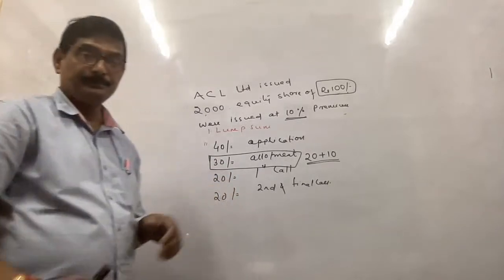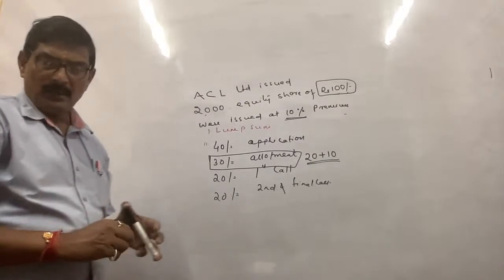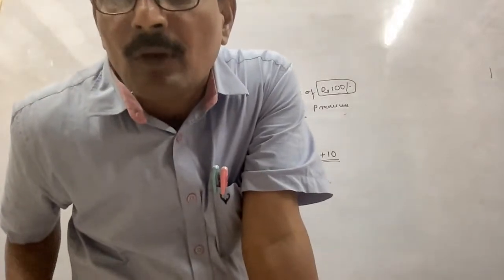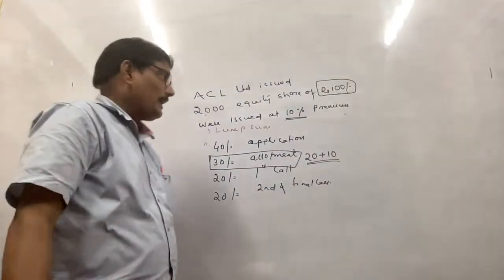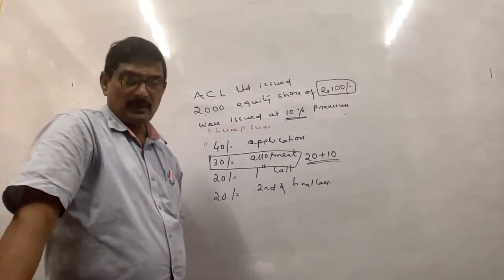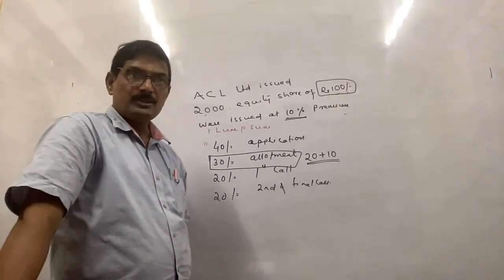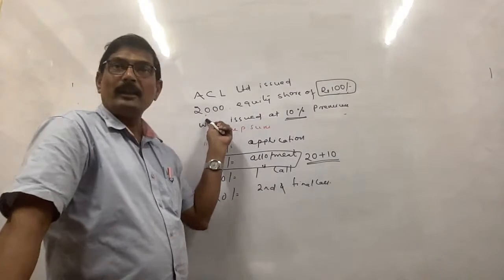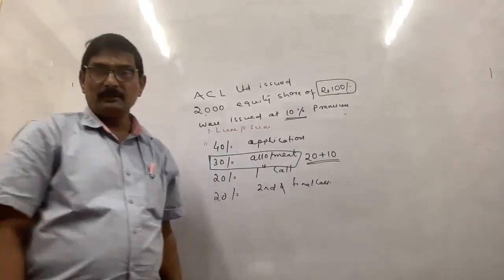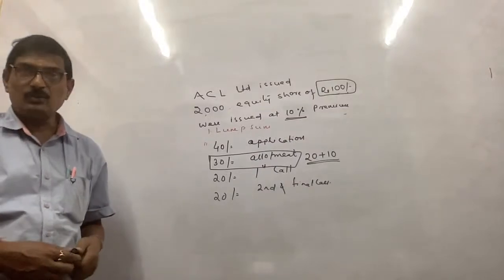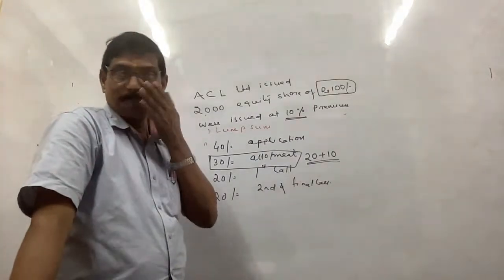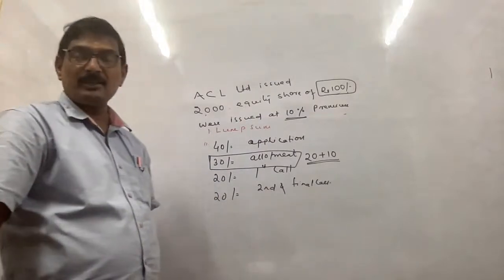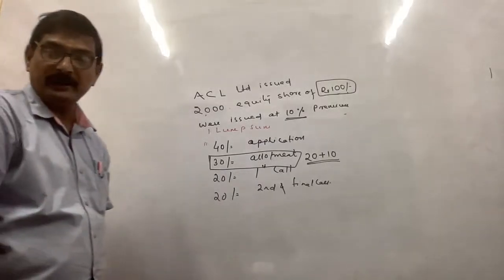Bank account debited to share application and allotment account, 2000 into 110, that is 2,20,000.